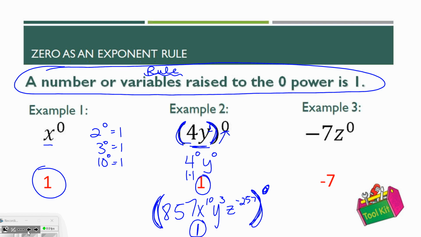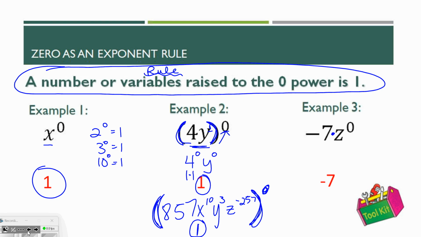Now, that's different than example number 3, because I don't have parentheses, right? Not everything is raised to the 0 power. Let's think about what this is saying. This is saying negative 7 times z to the 0. Well, I know that anything raised to the 0 is 1, but is the negative 7 being raised to the 0?